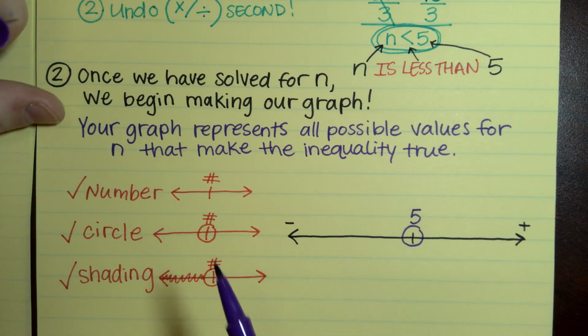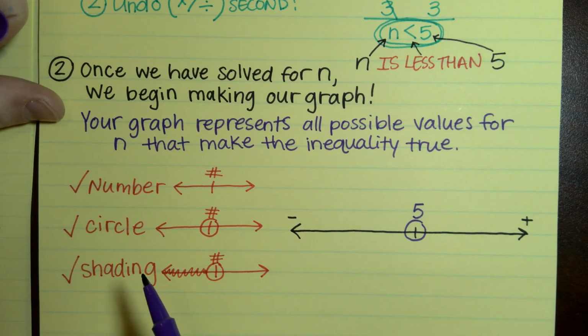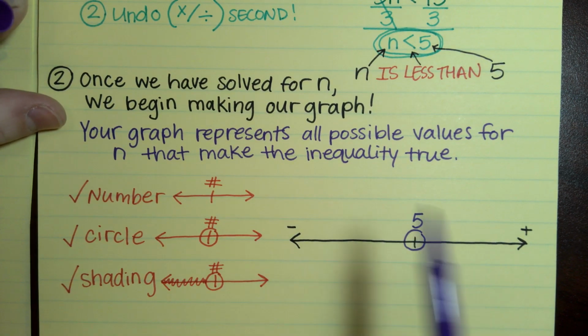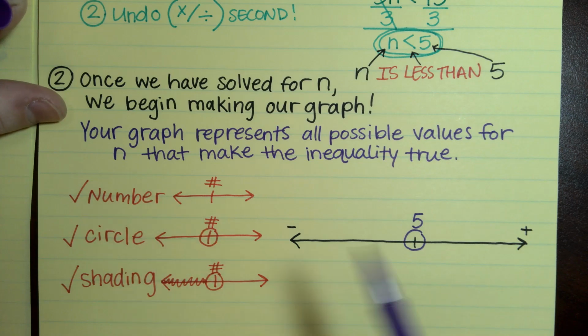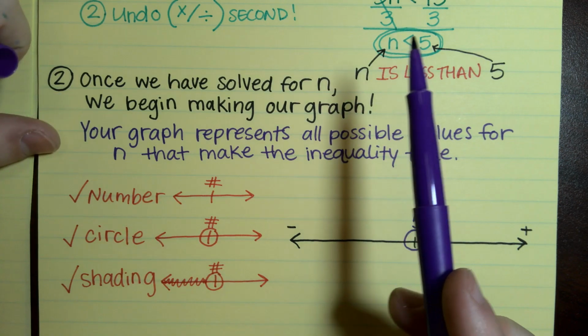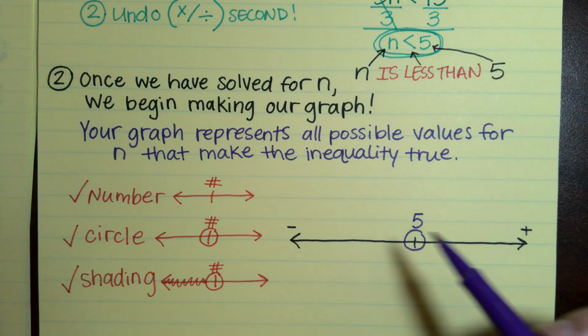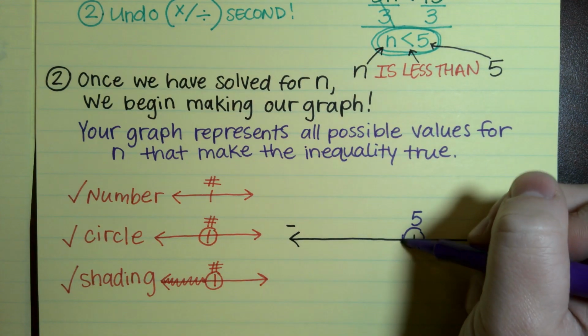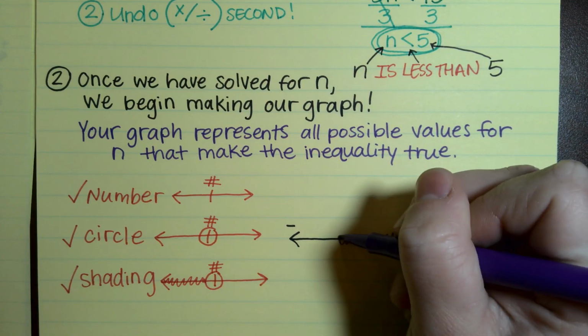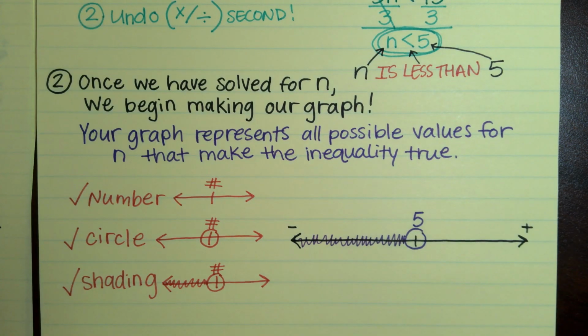Finally, we've done our number and circle. What's last? Shading. So our graph is showing the possible values for n, and we know n has to be less than 5. So which direction do I shade? To the left, where the numbers get smaller. Good.